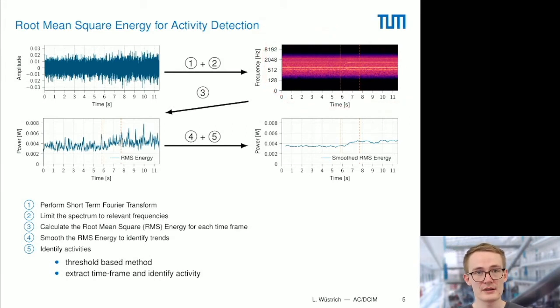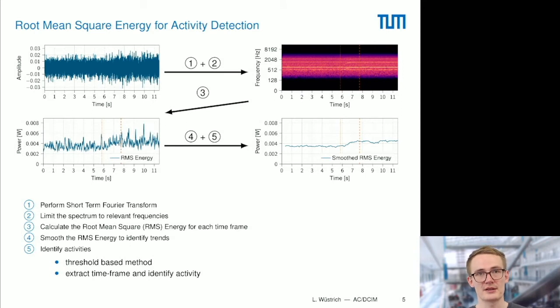The signals come from all devices in proximity. And since we identified that the data center soundscape is relatively static, we can simply consider energy on all frequencies and identify changes in the general soundscape to detect activity. We do so by using the root mean square energy for each time frame of the frequencies that are left after limitation.